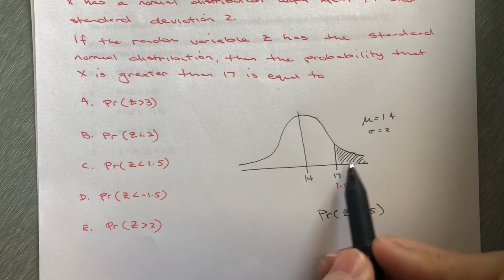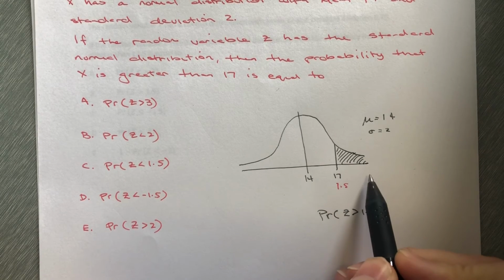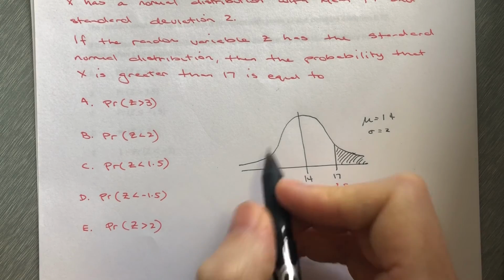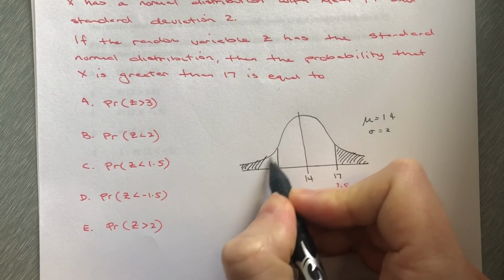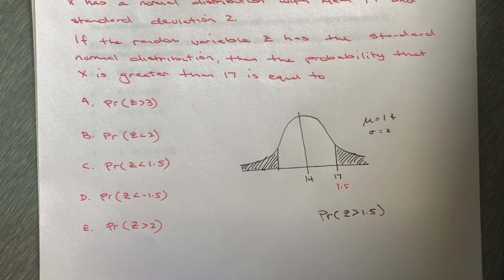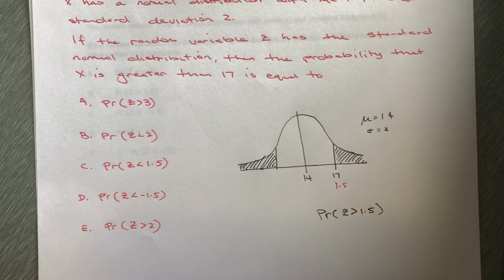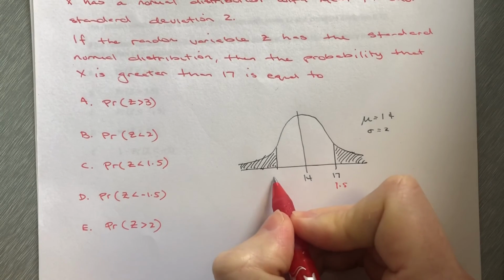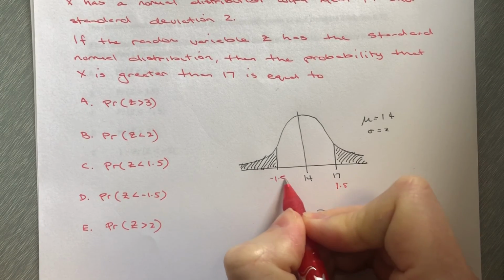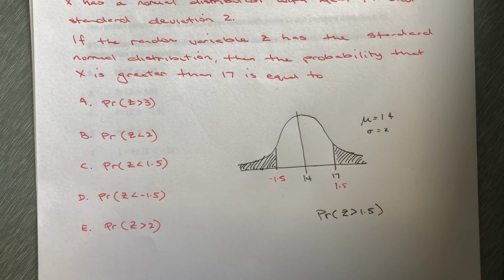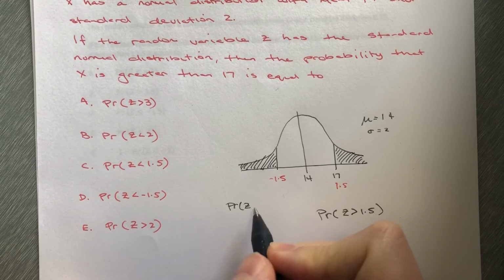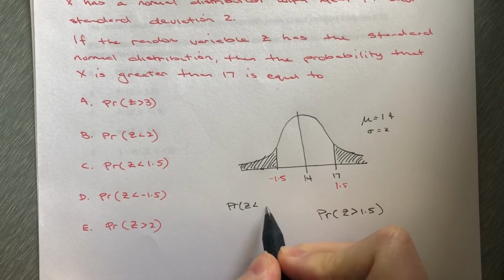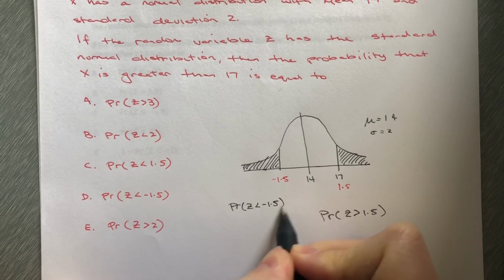So this probability over here, which is 1.5 standard deviations above the mean, is going to be the same as 1.5 standard deviations below the mean. Okay, so these two probabilities are equal. If that's 1.5 above the mean, this is 1.5 below the mean. So this is the same thing. Now that one there would be the probability that z is less than negative 1.5.